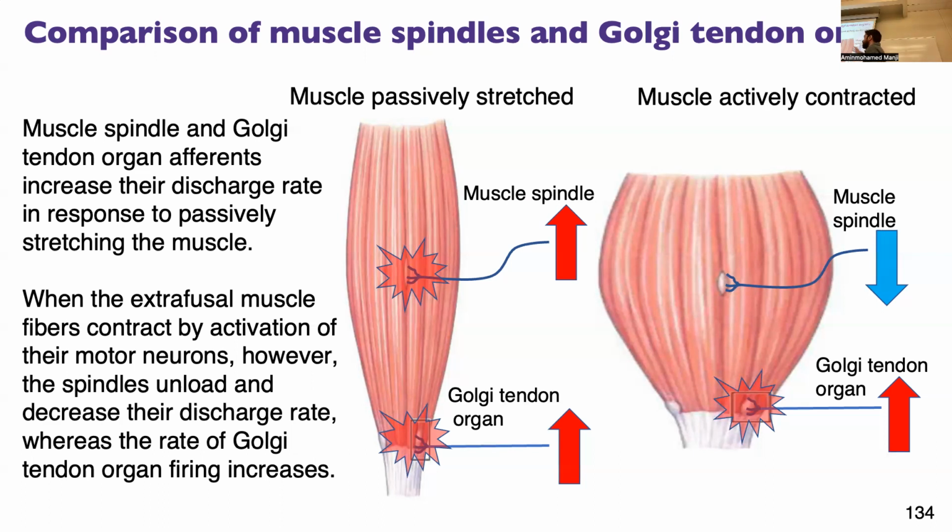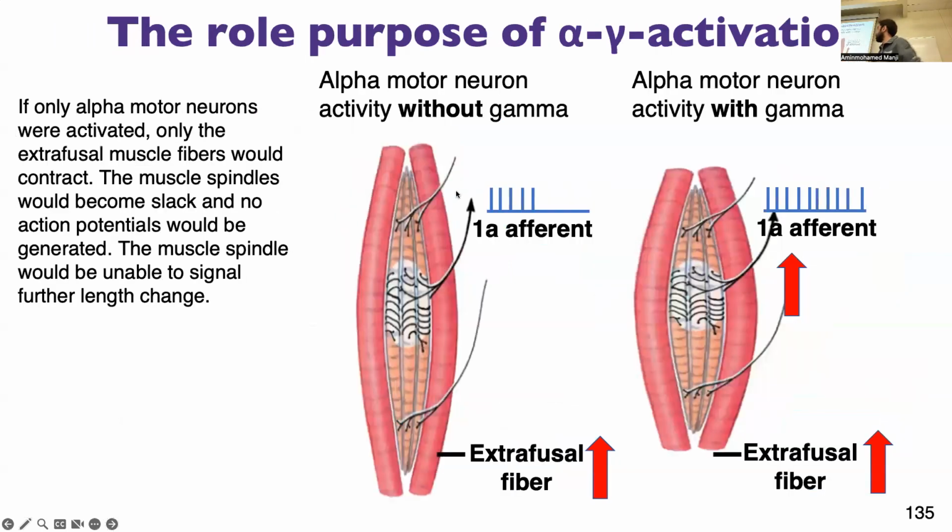Here's the problem with that. This is, by the way, not what happens normally, but this is what would happen if not for this idea of alpha gamma coactivation, which we'll talk about here. But this is what would happen. Here's the problem with that. Your 1A afferent fibers are sending information to your brain about the stretch of your muscle, the length of the muscle. If you were to contract it far enough that the length were to decrease enough, it will eventually stop firing.